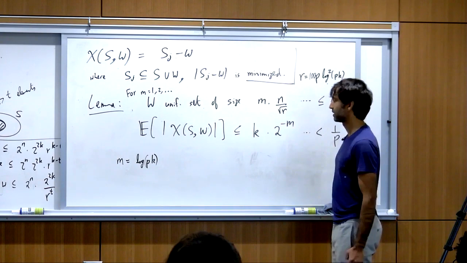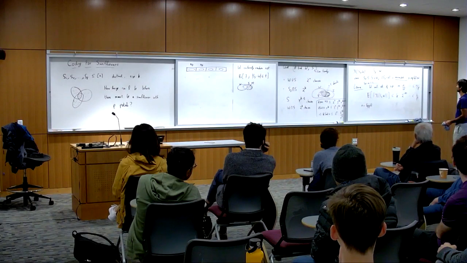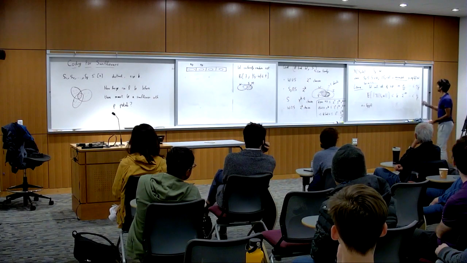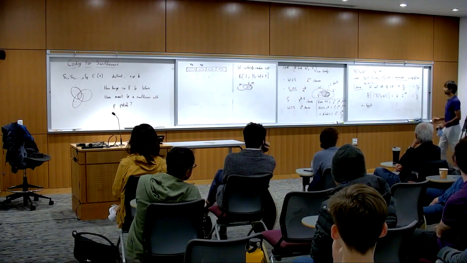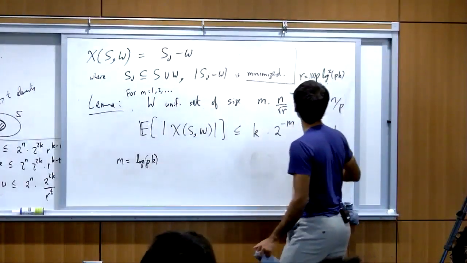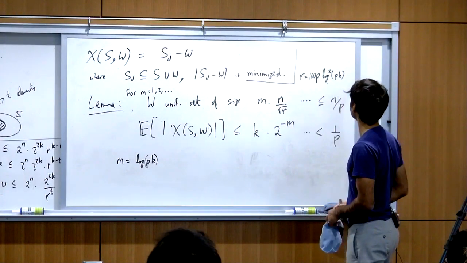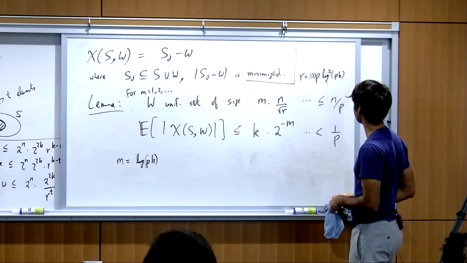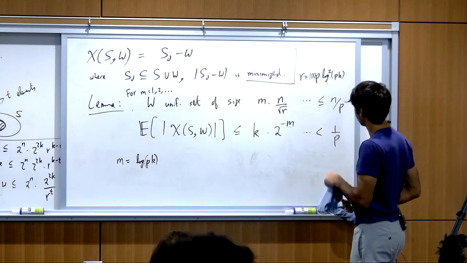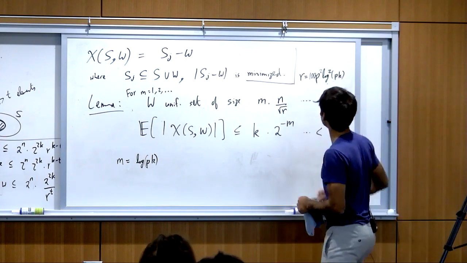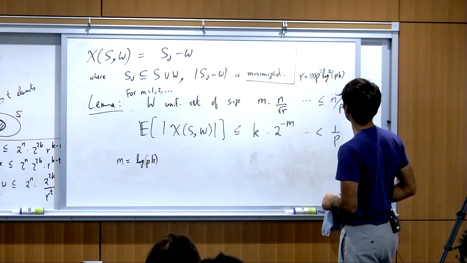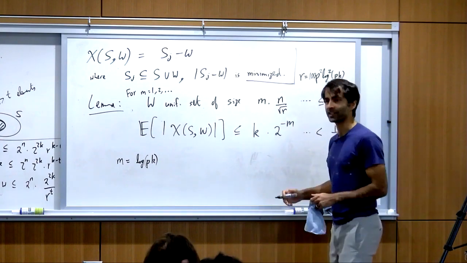Is it p squared there in the top part, or 100 p squared log squared pk? No, I think it's correct. Here I only have log pk. Oh, I see, there's a square root. Yeah, you're right. Okay, good.